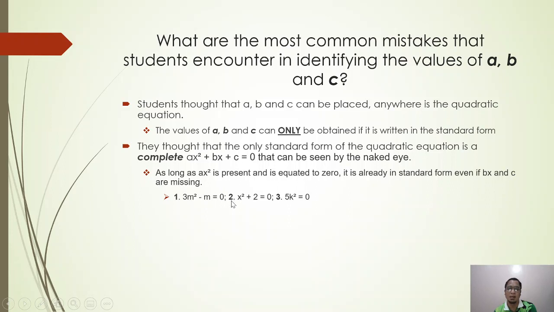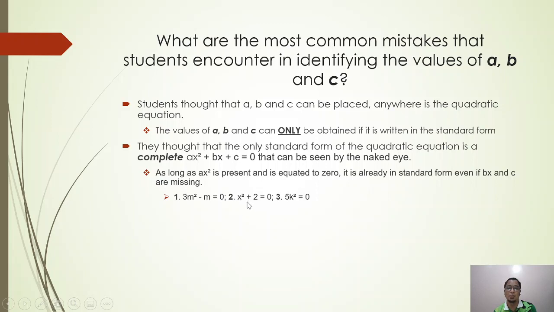Halimbawa, example number 2. X squared plus 2 equals 0. So, ito yung ating quadratic term. Wala kang nakikitang linear term. Pero meron tayo ditong constant term. Kung ganito mangyayari, ang value ng a natin, yung katabi nito, sir, wala akong nakikita. 1 ang ibig sabihin.